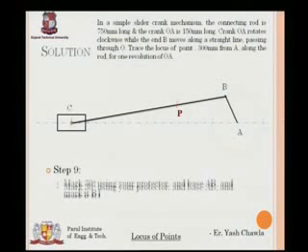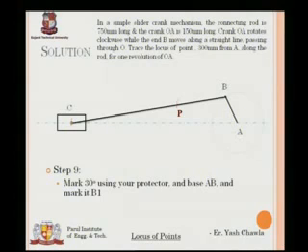Now let's see. Now we use a protractor. So now keep the center of the protractor at A and base at AB, and mark 30 degrees at B1 and join AB1, and this is the 30 degrees. Angle BAB1 is 30 degrees. Now we need not go on measuring 30 degrees and marking it on the circle.